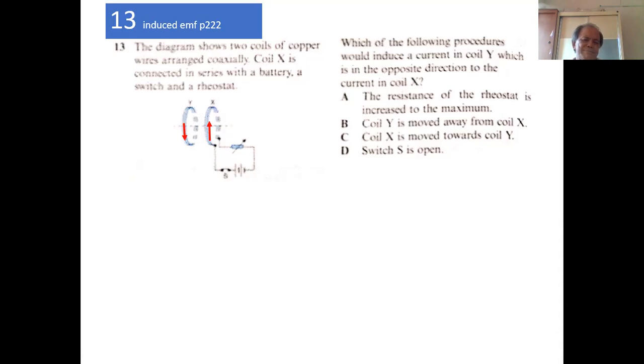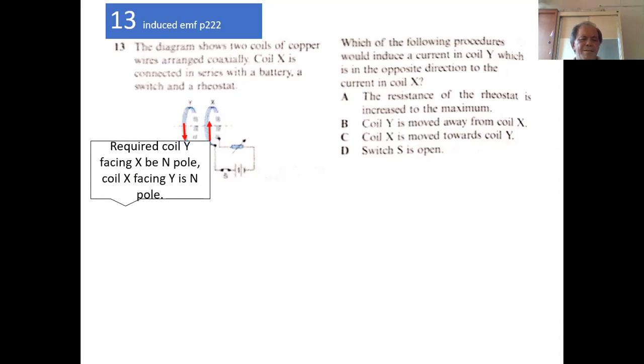What's the answer? That's what you require.